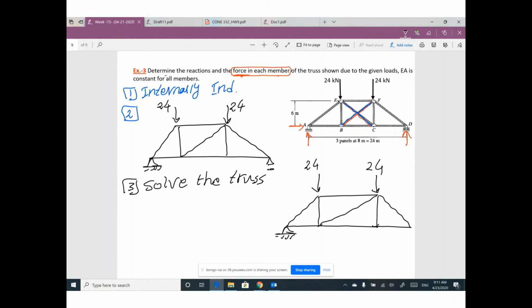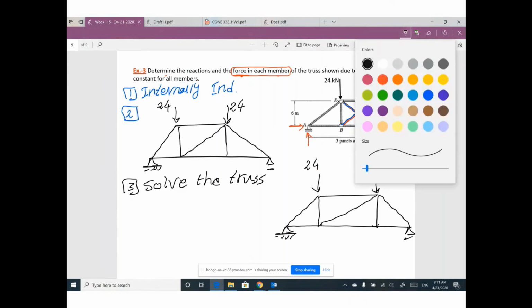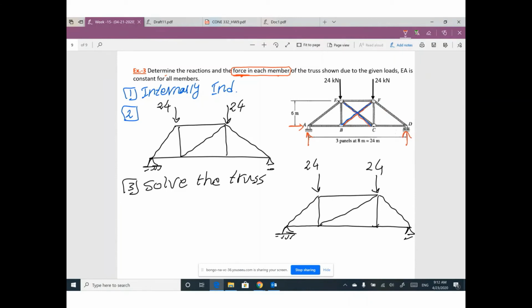We have a roller, so I will do it quickly. This one is 8, this one is 6, so this one will be 10. So I can figure out the sine and the cosine. Anyway, I have two reactions here. One of them is 0. This one will be 24. This one will be 24.